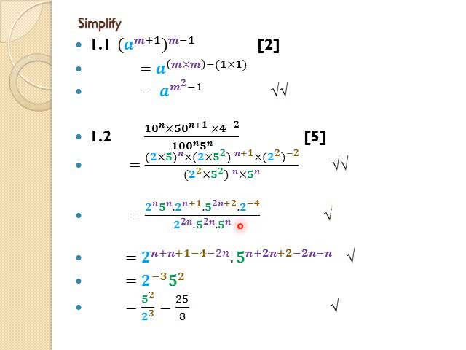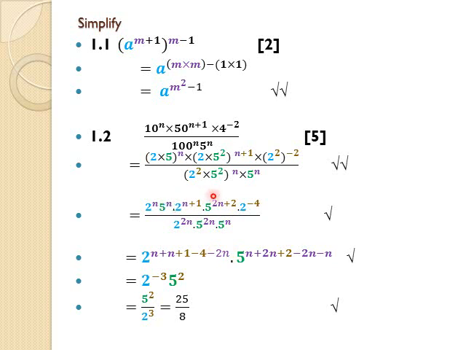Now we're going to apply law 1 and law 2 of exponents. So if I take my base 2, everything on top is written as it appears. So there n plus 1 minus 4. If I come below the division line, I'm subtracting. Remember, second law of exponents, we subtract exponents. So therefore that simply becomes negative 2n. Go to base 5.